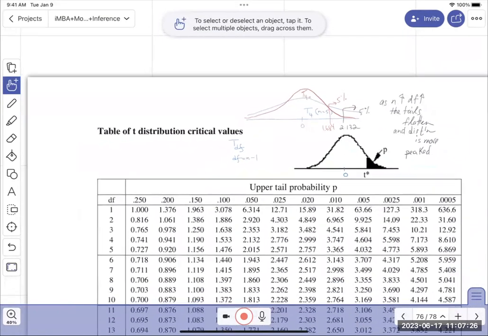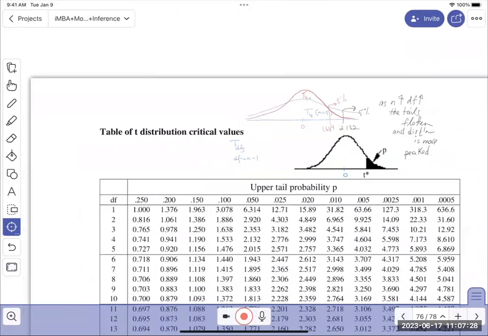So this table gives you the upper tail probabilities. It gives you the right side only for the critical values, but you should be able to see the left side as well. If you want to go left, you just have to change the signs for critical values to negatives.